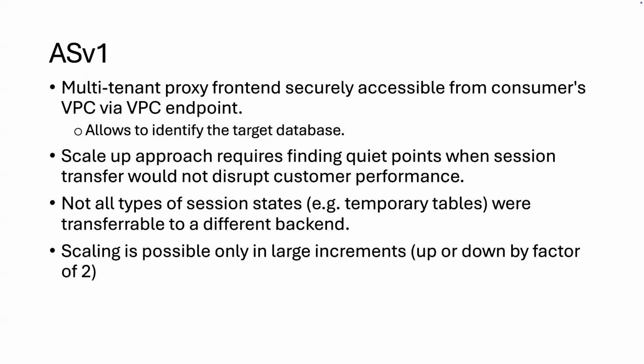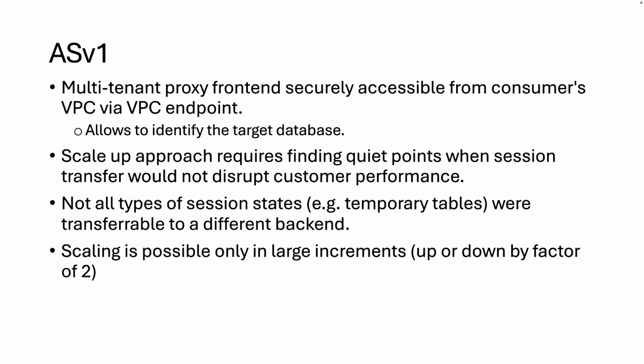The scale-up approach requires finding quiet points when the session transfer can take place without disrupting customer performance. There were a couple of issues. First, finding a quiet point becomes very tricky when the database is constantly in use. Not all types of session state, like temporary tables, were transferable to a different backend.